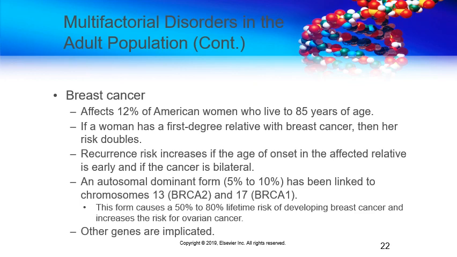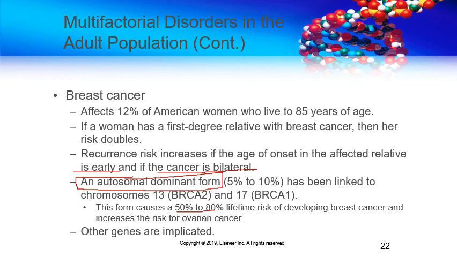Now, breast cancer, the recurrent risk increases if the age of the affected relative is early. Okay, so if the mother had this breast cancer early in life, premenopausal, and if the cancer was bilateral. Now, we know, again, an autosomal dominant form has been linked to chromosome 13, and we know that that causes a 50 to 80% lifetime risk of developing breast cancer.